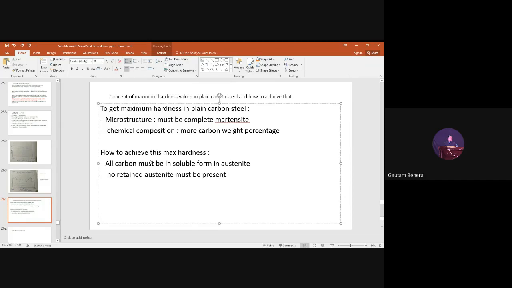If retained austenite will be there, what will happen to the hardness value of the steel?